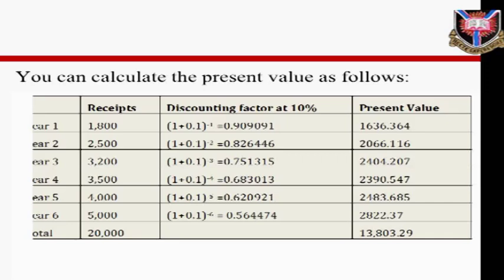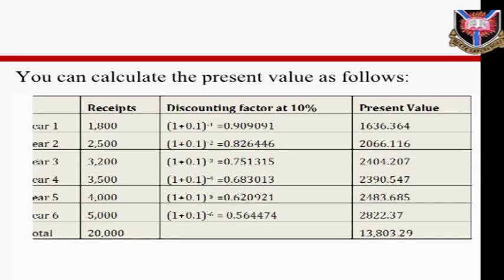Present value 2,390.547 naira. Year 5, 4,000 naira as received. Discounting factor 10%: 1 plus 0.1 in bracket to power 5, which equals 0.620921. Present value 2,483.685.